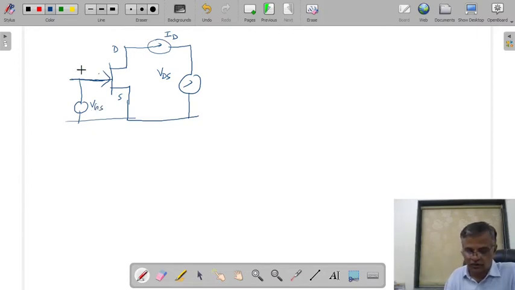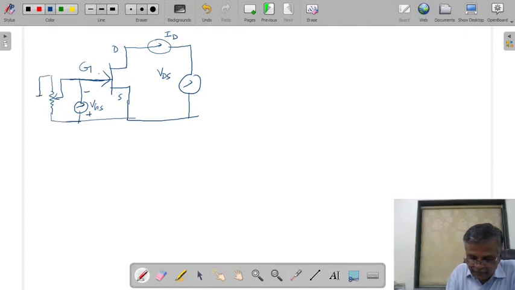You may have a question why you are not connecting a current meter here. We know that the gate is always operated in reverse bias, so no current is flowing in this section, so no need to connect any current meter here. Now here negative, I am connecting plus, because we know that FET is always operated in reverse bias.